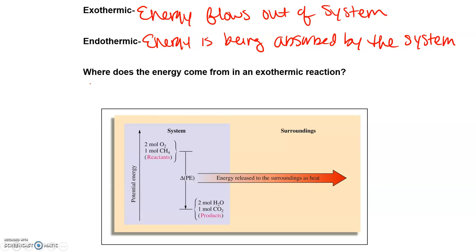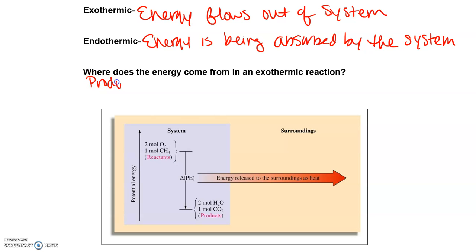Whenever you have an exothermic reaction, there's energy. And so this energy that is leaving the system, where is it coming from? Well, if you think about a potential energy diagram, the products here have a lower amount of energy than the reactants do. And so the extra energy that is being released is that difference in energy from the reactants to the products that the products don't actually need. And so it leaves the system.